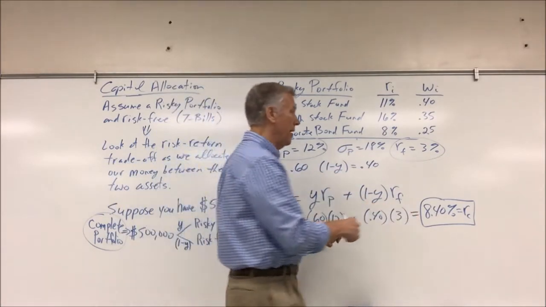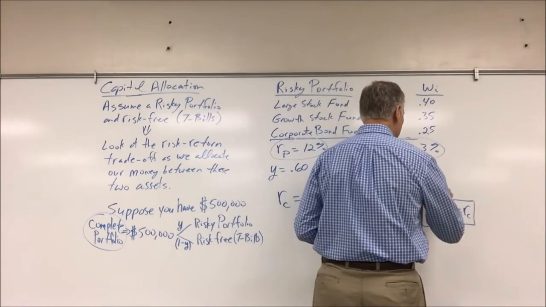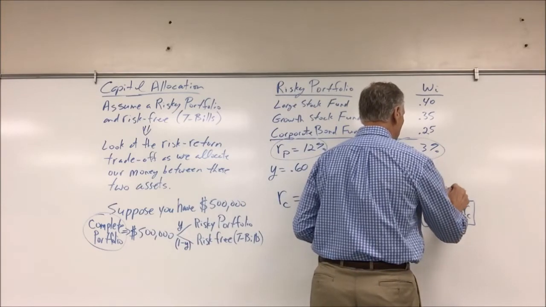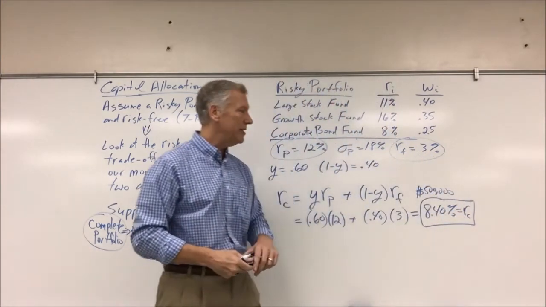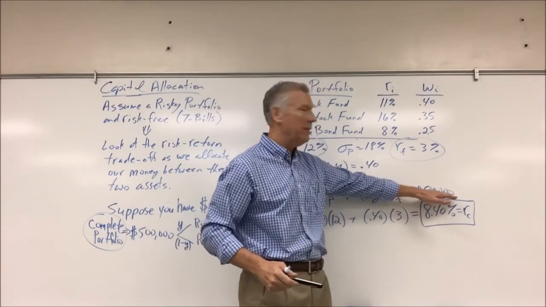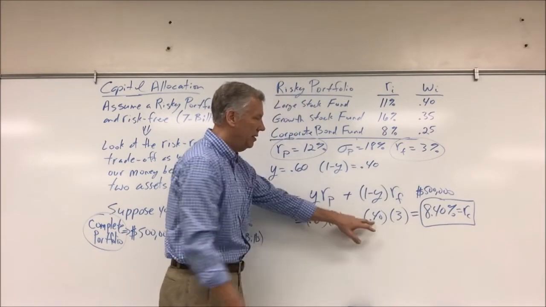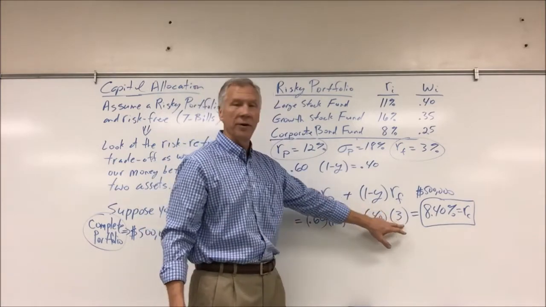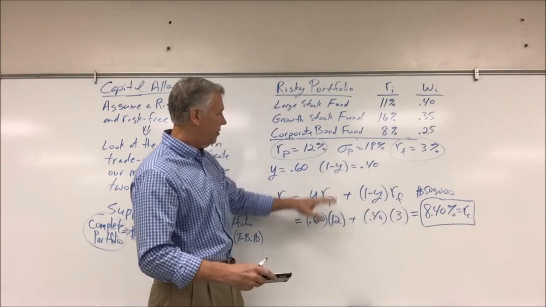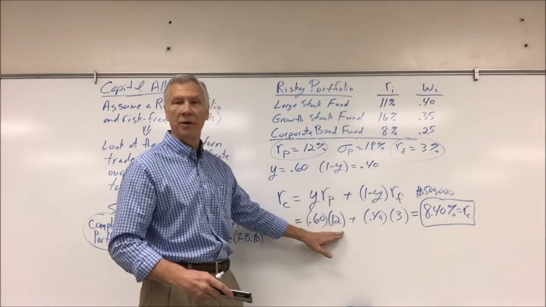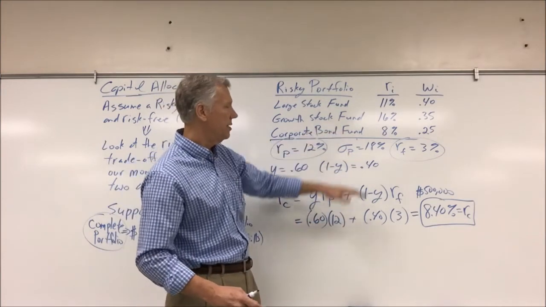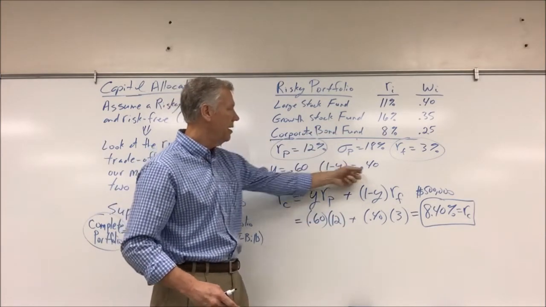This is my $500,000. That's the rate of return I expect to earn on this 500,000. It's broken up in these two ways. 200,000 is going to earn 3%. $300,000 is going to earn 12%, just like I broke it up just a minute ago based on these numbers right here.